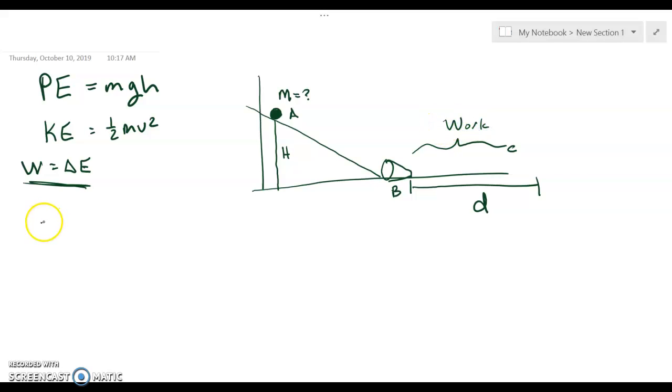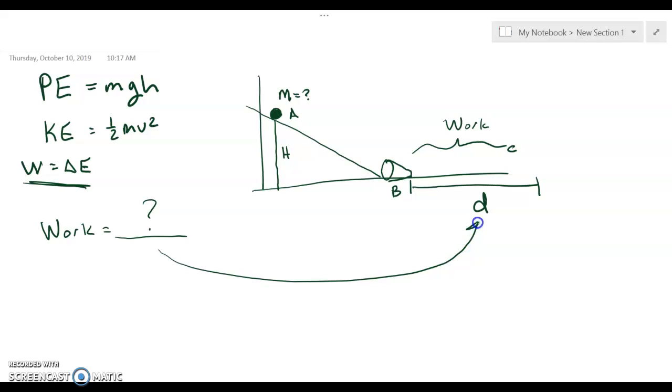Now, what is work? Well, that's the question. What did it say in the chapter? What work is? And then from that, what do you need to know to, in the end, predict that distance?